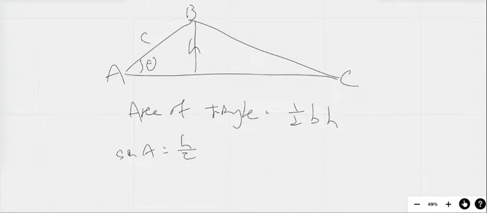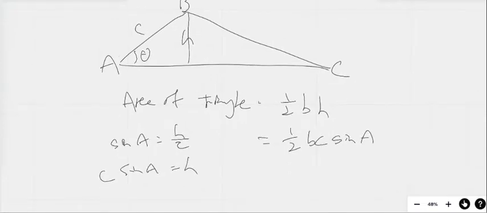And if you notice, sine of A times c is equal to h. Then when we plug that in, we'll see 1/2 BC sine A. And this is the same for any other angles: 1/2 AC sine B, 1/2 AB sine C, etc.